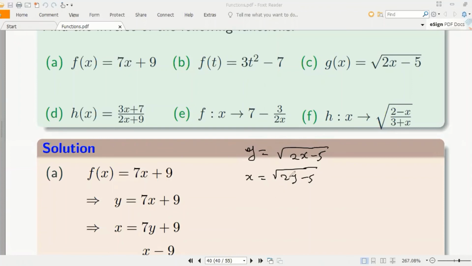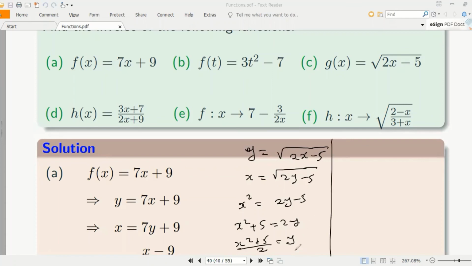This one is under the square root, so you square both sides. When you square both sides, this gives x squared plus 5 equals 2y, or y is x squared plus 5 over 2.